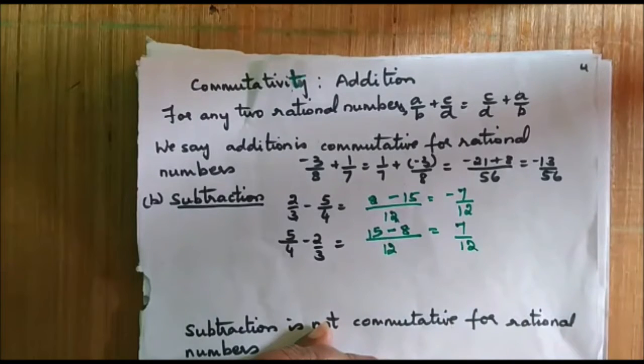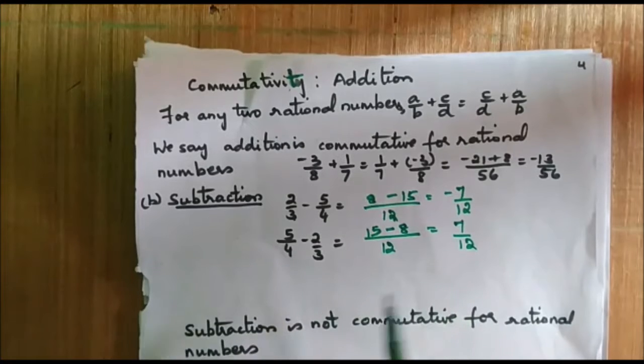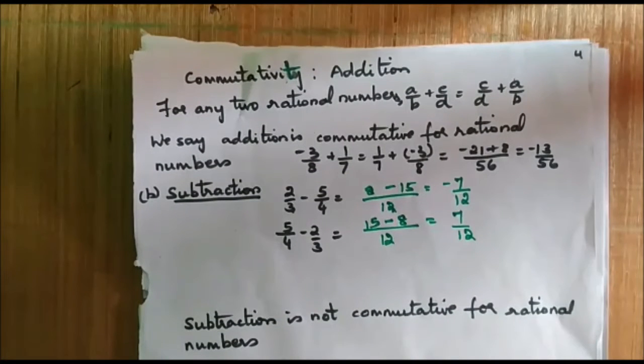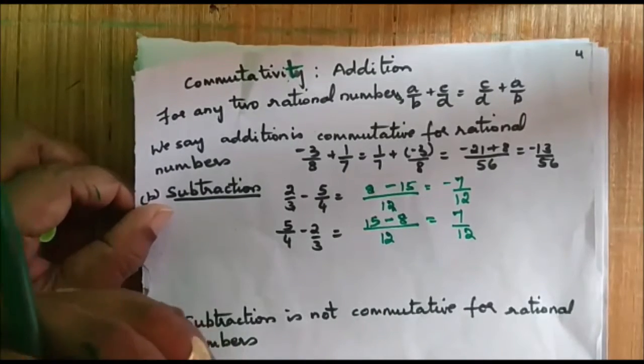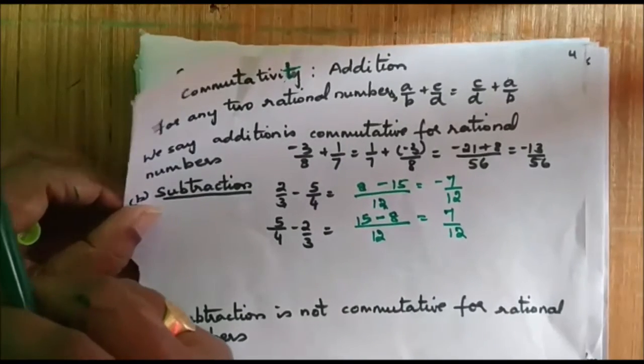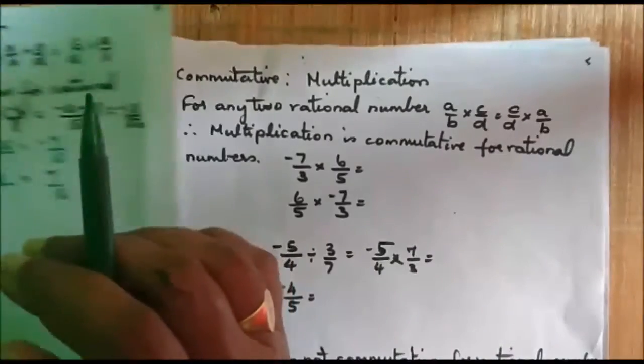So in one case we got minus 7 by 12. In the other case we got just 7 by 12. So subtraction is not commutative for rational numbers. What does it mean? If we change the order of the rational numbers, the answer also changes. Hence commutativity does not hold good for subtraction in rational numbers.